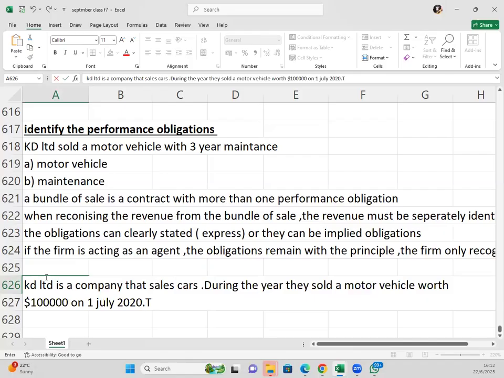The company's policy provides free maintenance for 3 years.